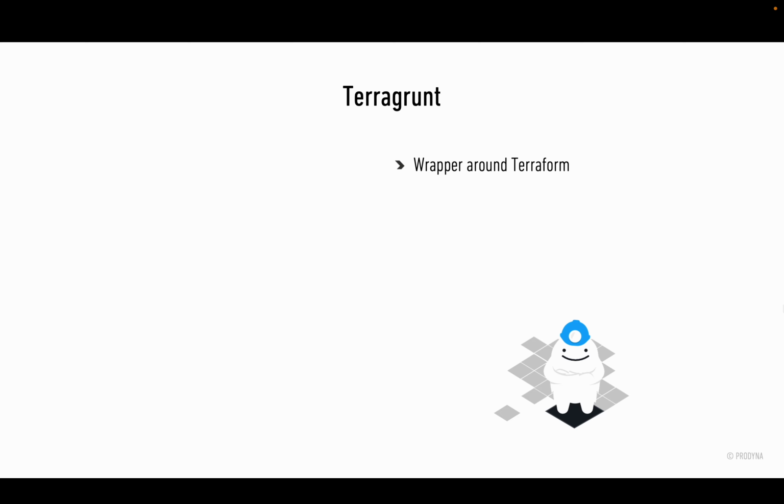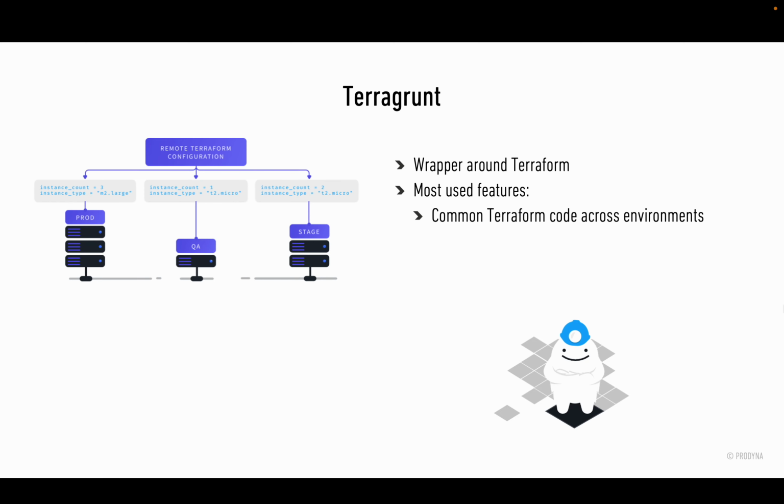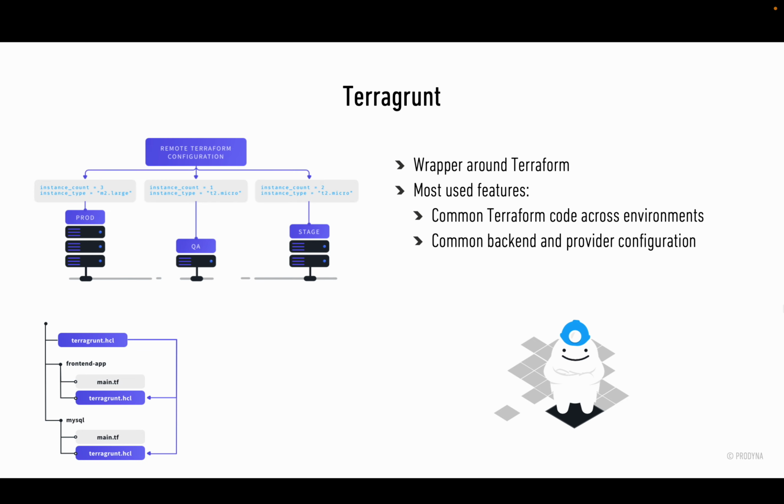Terragrunt is a wrapper around Terraform, and the features we used most were that you can use common Terraform code across environments, so across prod, QA, and dev. You can extract your backend and provider configuration, so you don't need to write the same backend configuration and the same provider configuration in every module, in every directory.